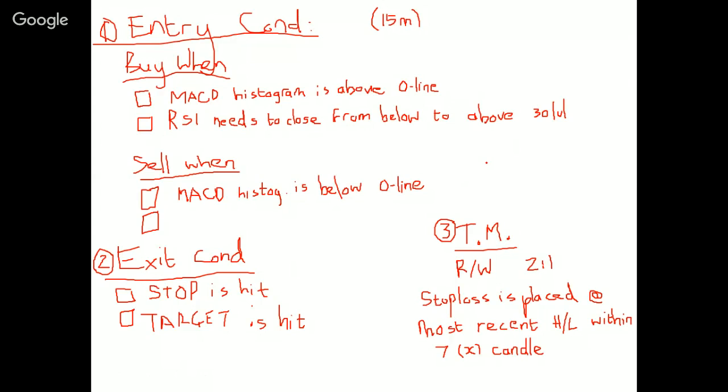Okay, this means it needs to confirm then, being above 30 from below. Why can't I just use the RSI needs to be above 30? See, the important wording that you got correct, Colin, was using exactly that.